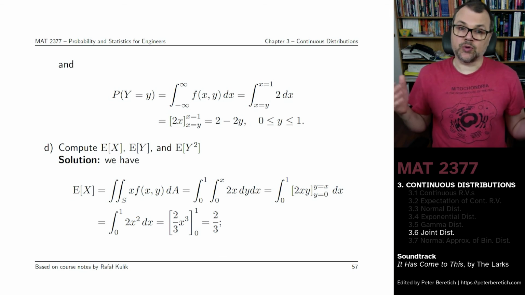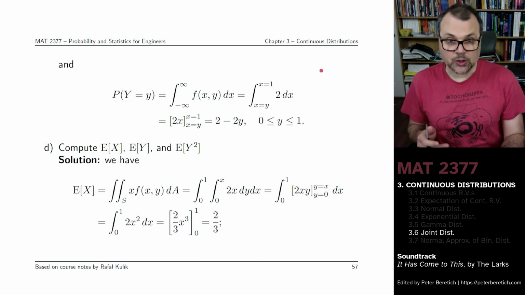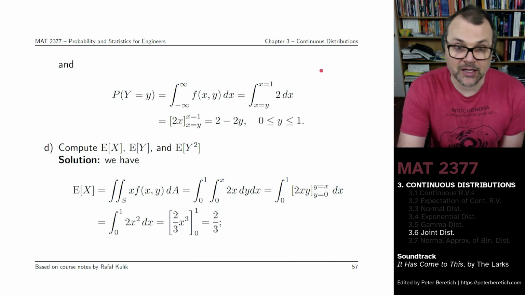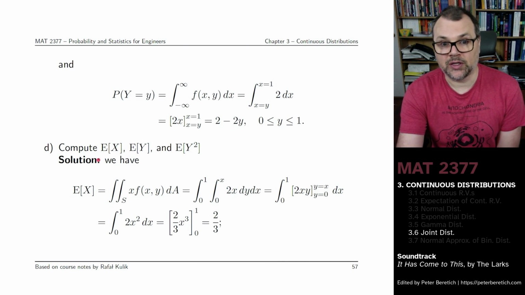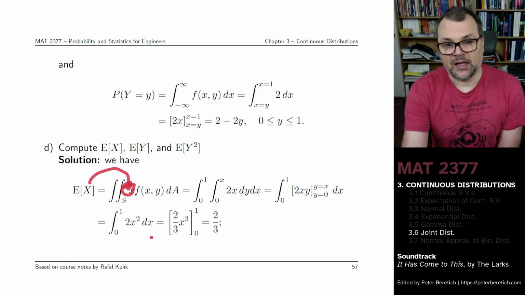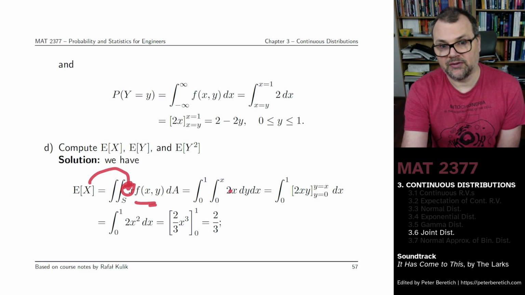And you can also compute the expectation of your random variables. What's the expectation of x? You need to integrate here, keeping in mind that you're working with the joint distribution function. You replace x by little x and f of x,y by the value that it takes, 2.